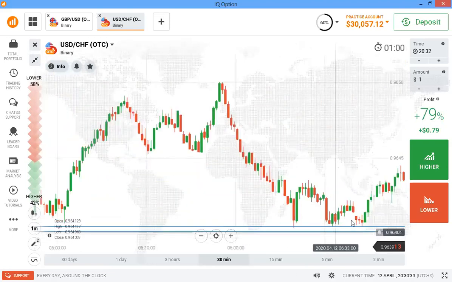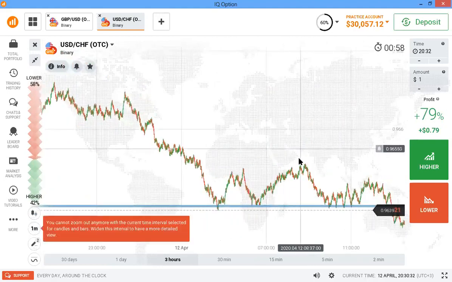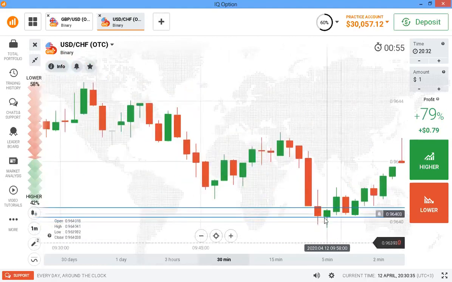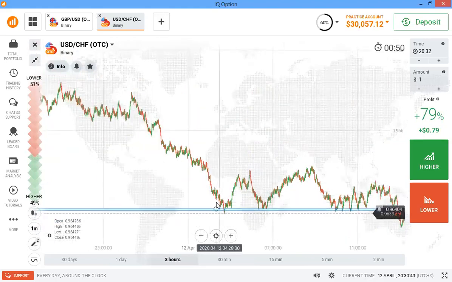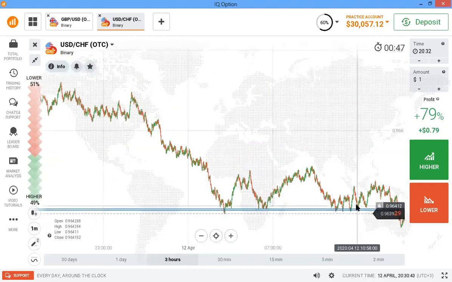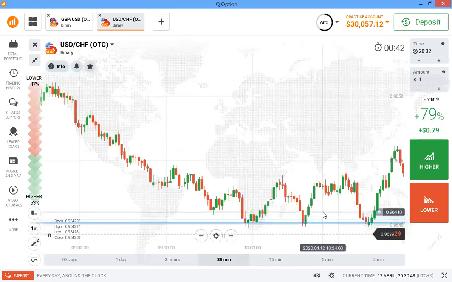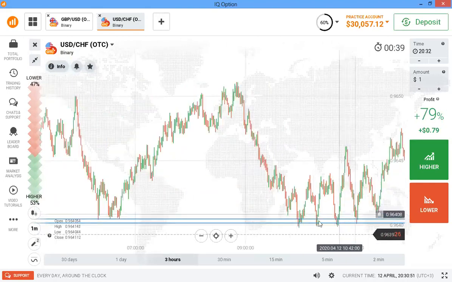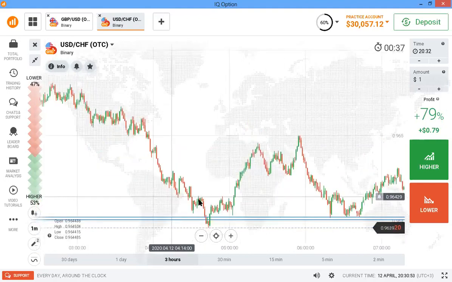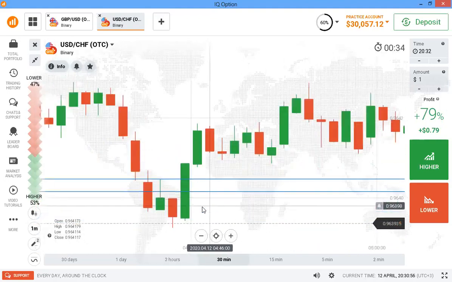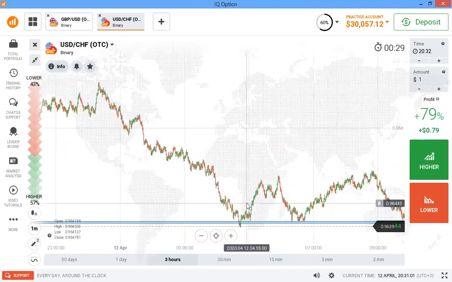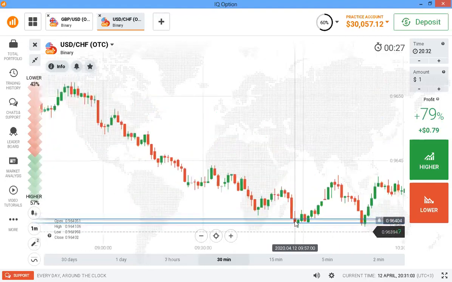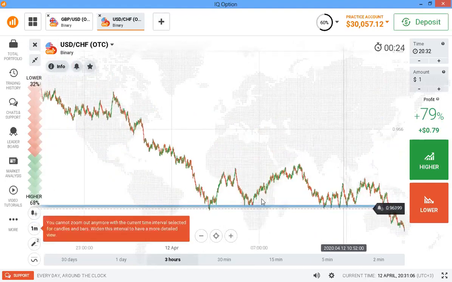Now, sellers reach this level, got rejection from buyers, buyers enter. So at this time, I have gotten resistance and support. There's no need to look for all this again, but you can use any of this as a support, as your confirmation or evidence. But I have gotten the one I'm looking for. That is this one, the resistance, and here the support. So I can use any of these, but I'm not going for that.